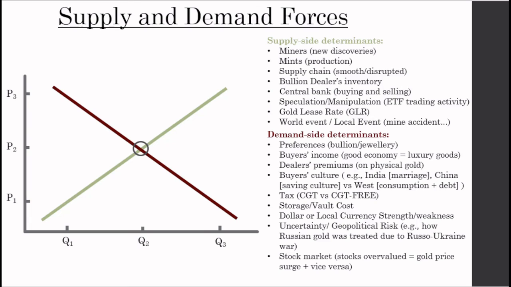And the opposite happens when stocks are undervalued. When stocks are undervalued, then stocks are more of an attractive option, right? You're gonna get dividends, you're gonna get capital gain when the share price rises. So investors get more of a benefit from stocks when they are undervalued.